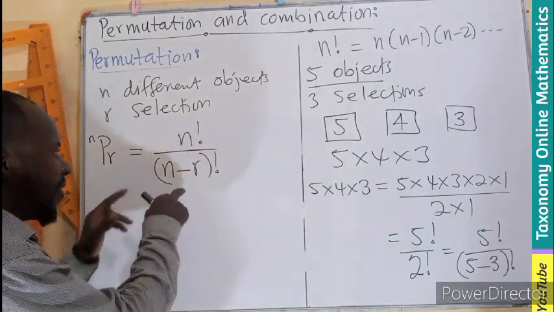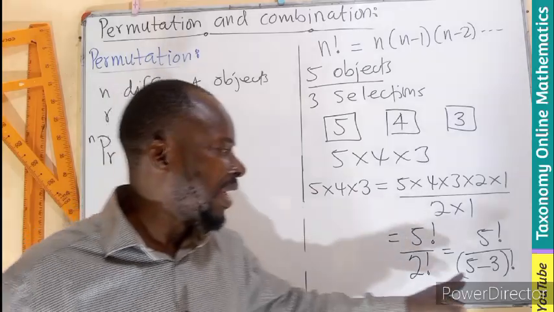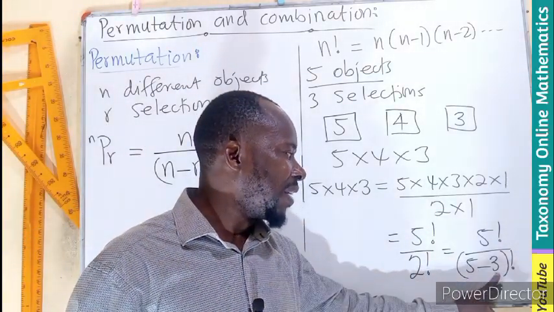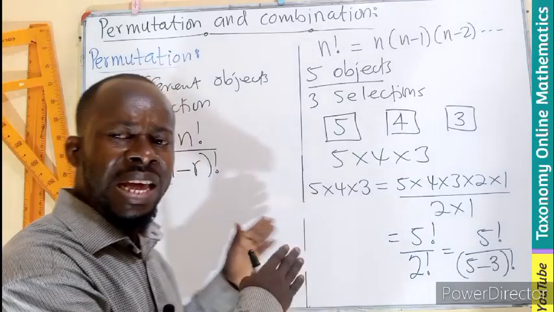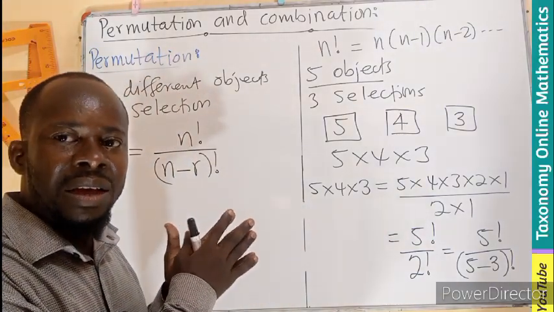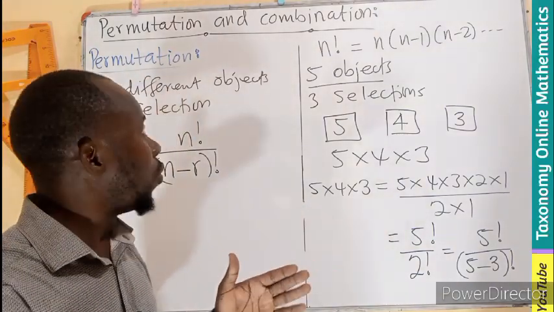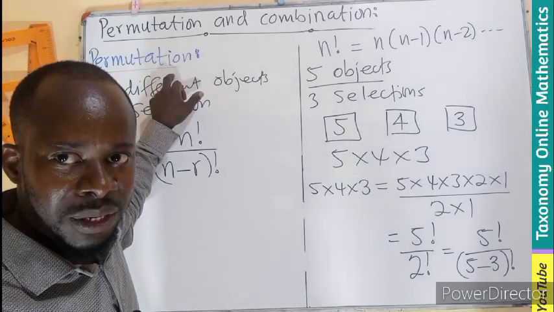Don't forget that factorial affects the subtraction. Just like in this case, 5 minus 3 is 2, then the factorial affects it. So this is the clear procedure to follow if you are dealing with permutation.